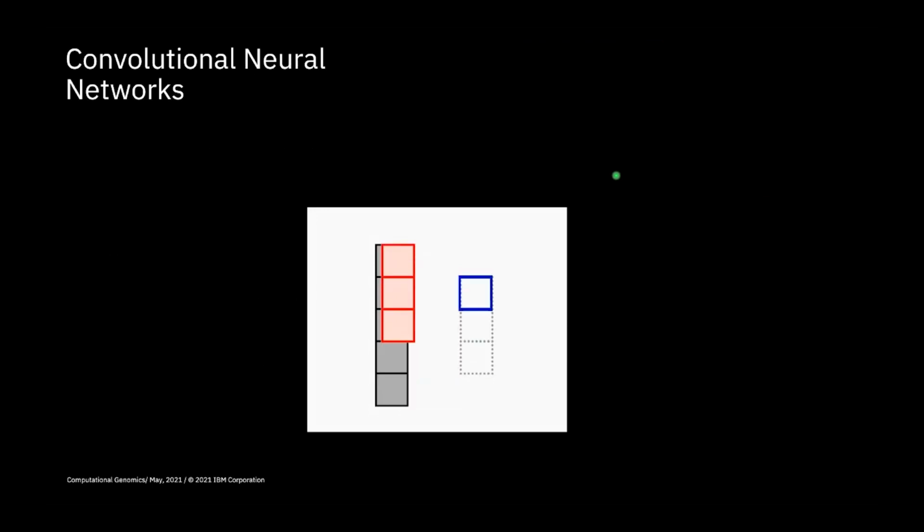Here I'm showing how they work in a one-dimensional example. You have a filter, the red block, that strides across what you get from a previous layer in a neural network, and produces an output that is the result for the next layer.